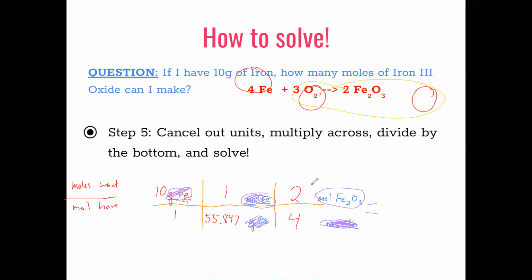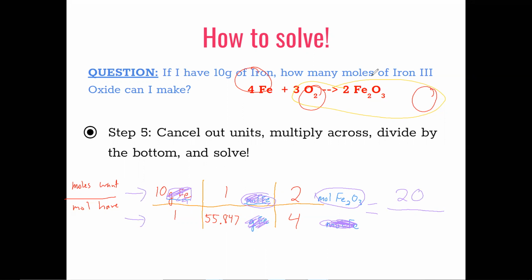So we multiply straight across on the top. We're going to do 10 times 1 times 2, which is going to give us 20 on the top. And then we're going to do 55.847 times 4, again multiplying straight across on the bottom.